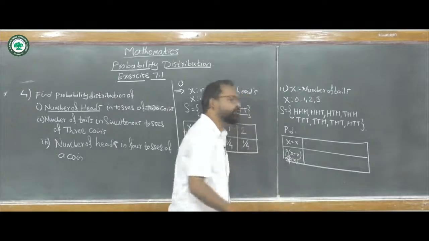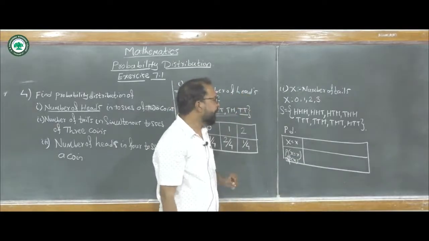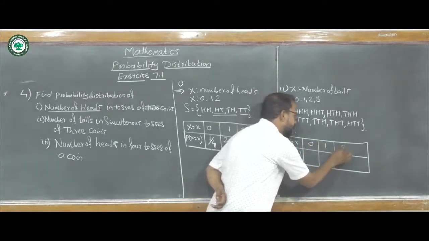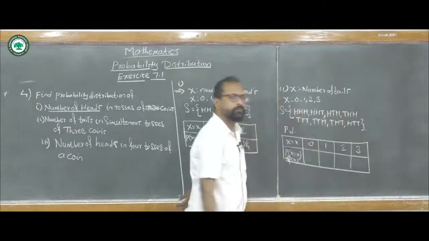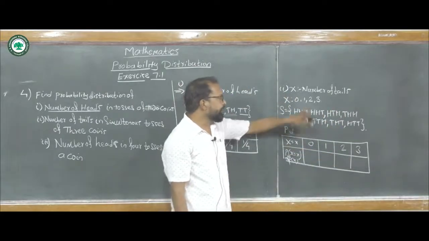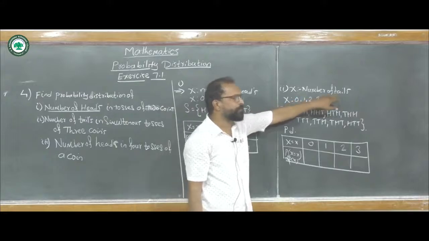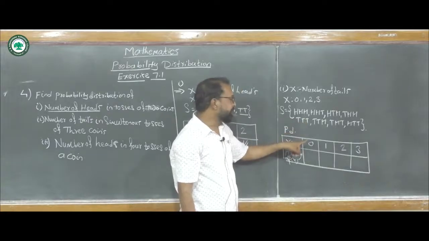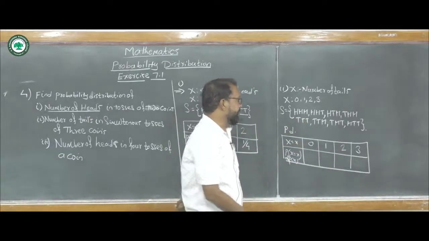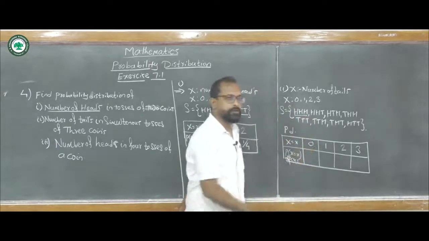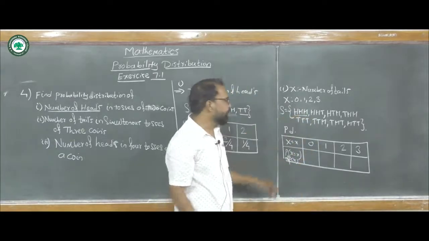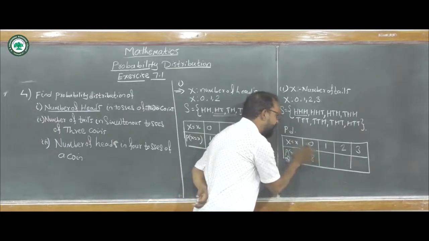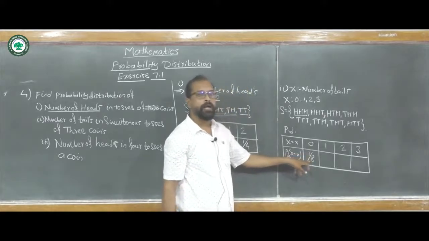The values of X are 0, 1, 2 and 3, where X denotes the number of tails. There are 8 outcomes in total. In those 8 outcomes, 0 tails appear in only one observation, that is HHH. So when X takes the value 0, its probability is 1 by 8.